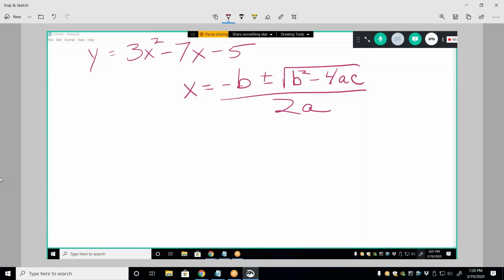Okay, so let's substitute. So it's positive 7 plus or minus the square root of negative 7 squared, which is 49. Okay, and do that part. Minus 4 times 3 times negative 5. And you almost always have this situation where you're staring at two minus signs here.